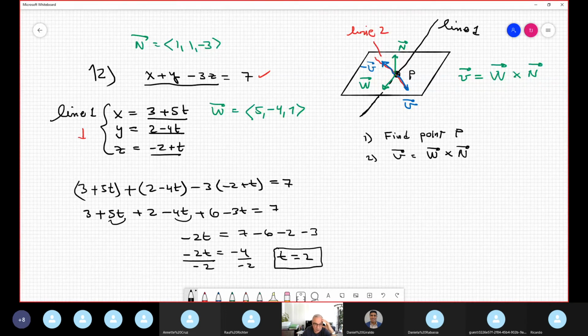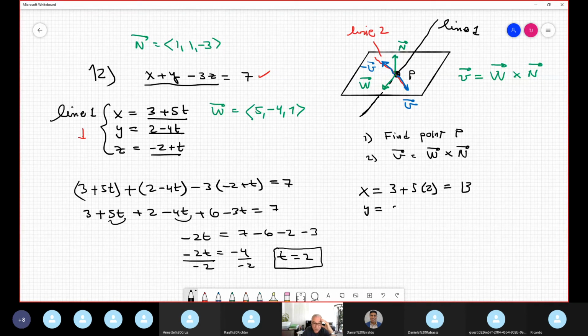When you get the number, it's because line 1, the black line, is intersecting the plane. At what point? Well, you find x, y, and z. How? You plug in t equal to 2. The line 1 equation is 3 plus 5 times 2, which is 13.